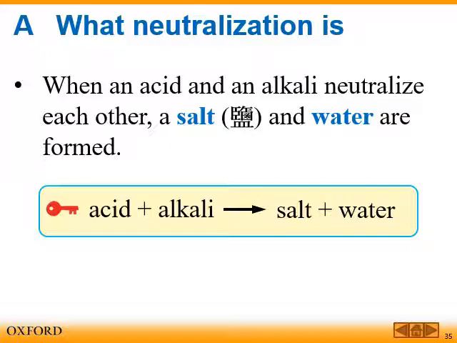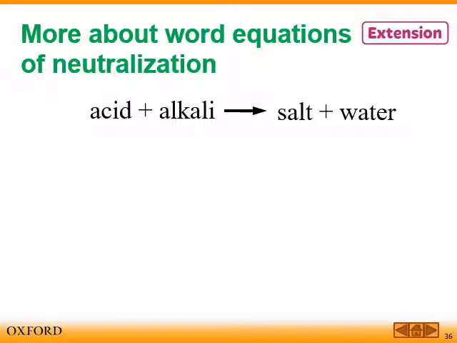So don't think that all salts are edible. Some of them are just chemical salts. If we use different acid and different alkali, we can get different salts. On page 30 and page 31, there are some word equations showing different acids mixed with different alkalis.